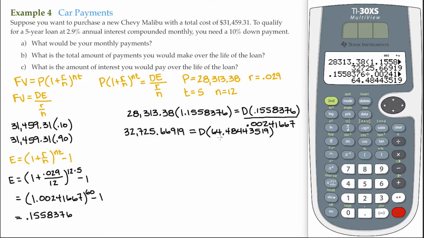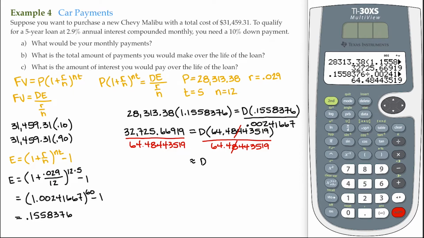Now using algebra, divide both sides by 64.48443519. Do the same over here. That'll cancel and that'll cancel. So D will be approximately equal to, so watch what I do here.